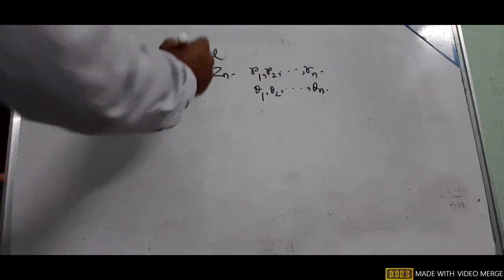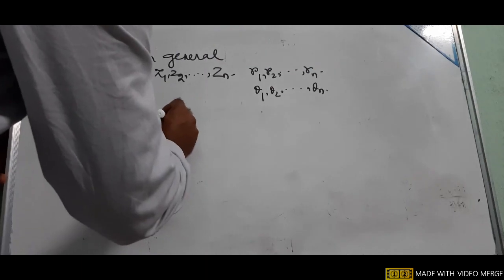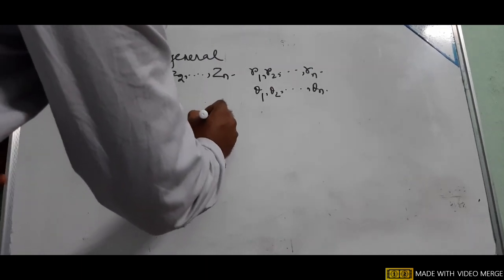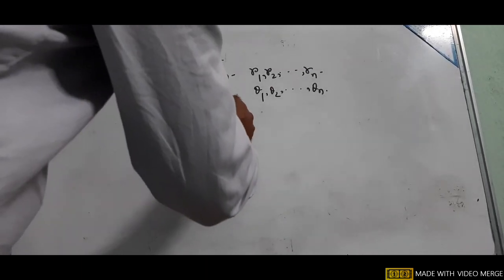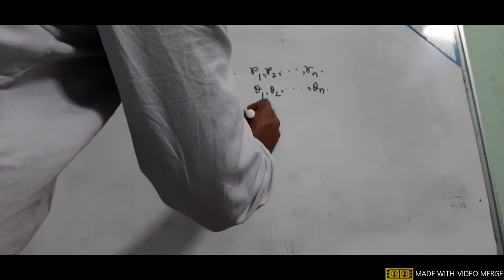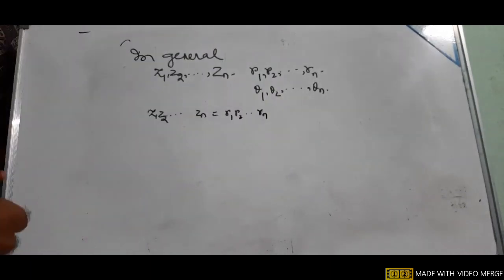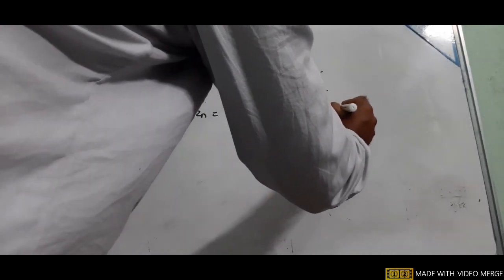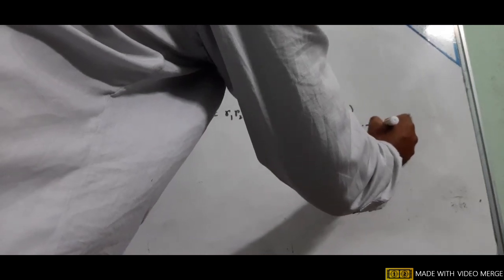If you multiply them, z1 z2 up to zn, then it will be r1 into r2 up to rn, times cos (theta 1 plus theta 2 up to theta n) plus i sin (theta 1 plus theta 2 plus up to theta n).